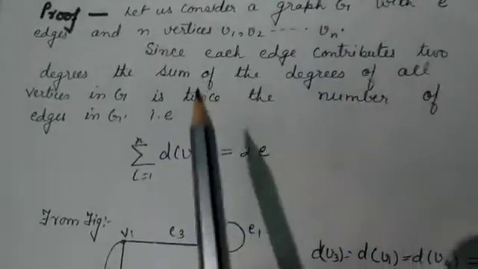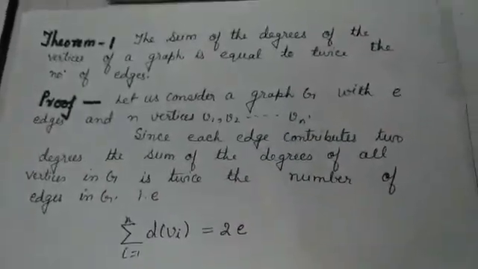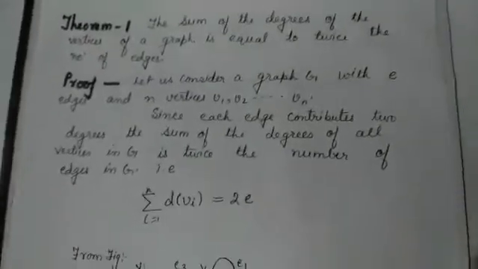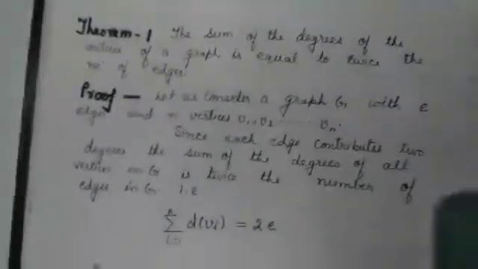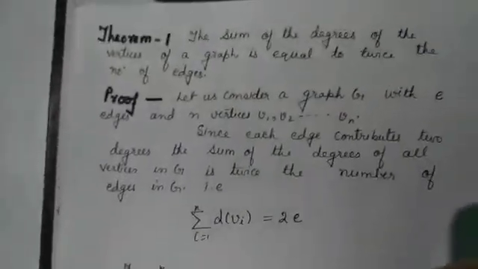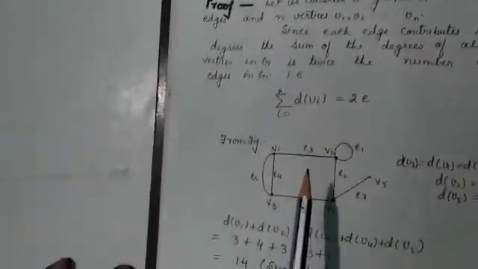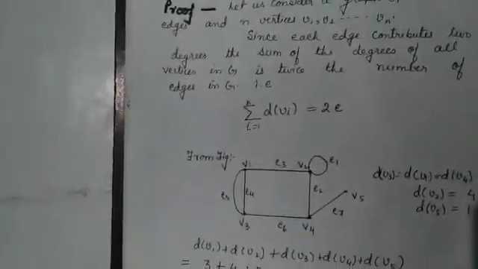So first we have to find the degree of the vertices in a graph, and then the number of edges, and then we will show that the sum of degrees of the vertices of a graph is equal to twice the number of edges.